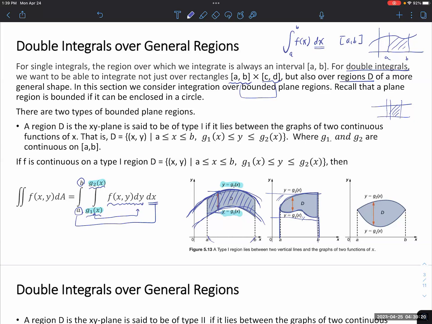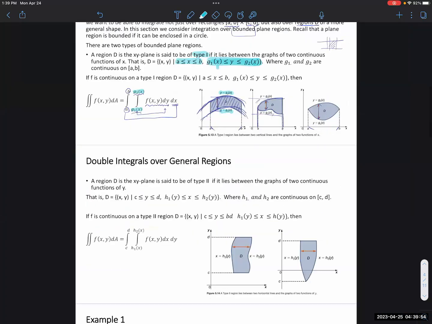You might have this type of region where a and b are fixed on the x-axis, but the y-axis height is changing. Then your interval for y is going to be given by functions. So this is type 1, where x is fixed, but the y interval changes depending on the x variable. Just remember, as you see, there will be a type 2.